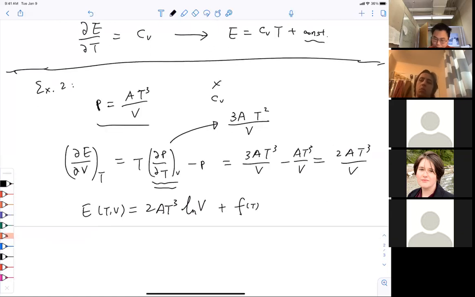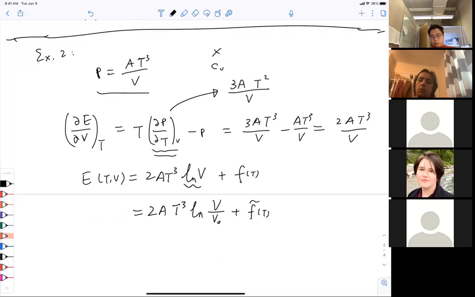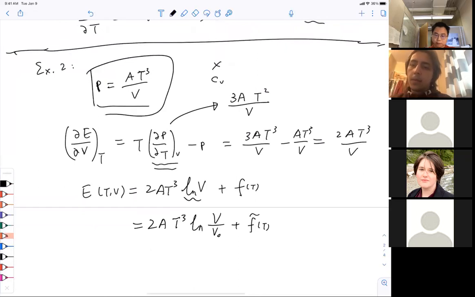To be rigorous, to make sense of this log function, we can add a constant V naught, which has the dimension of length cubed. Something like this. That's all we can get if we only know this state equation.